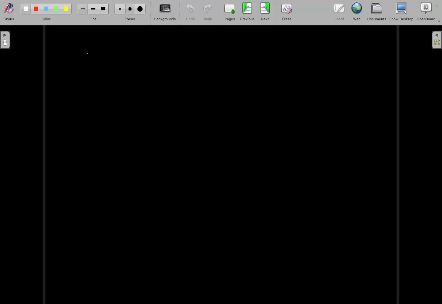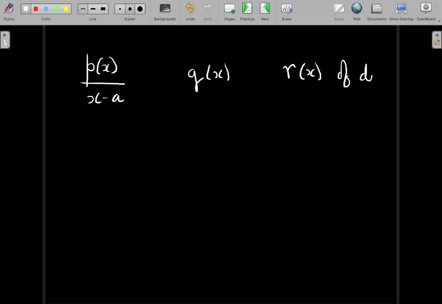So we say that p of x, when you divide with x minus a, you get a quotient and we get a remainder, which is actually a polynomial, but it's a polynomial of degree 0. So this will actually be equal to some constant times x raised to 0, which is that constant. x raised to 0 is 1.